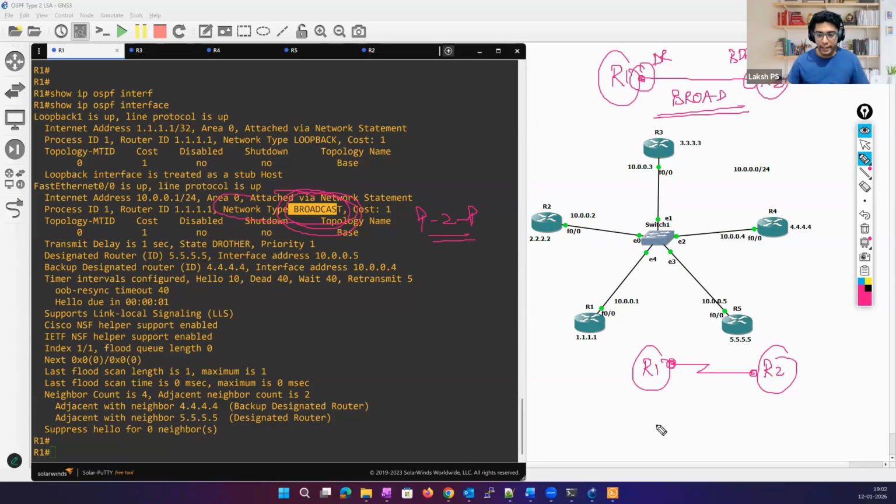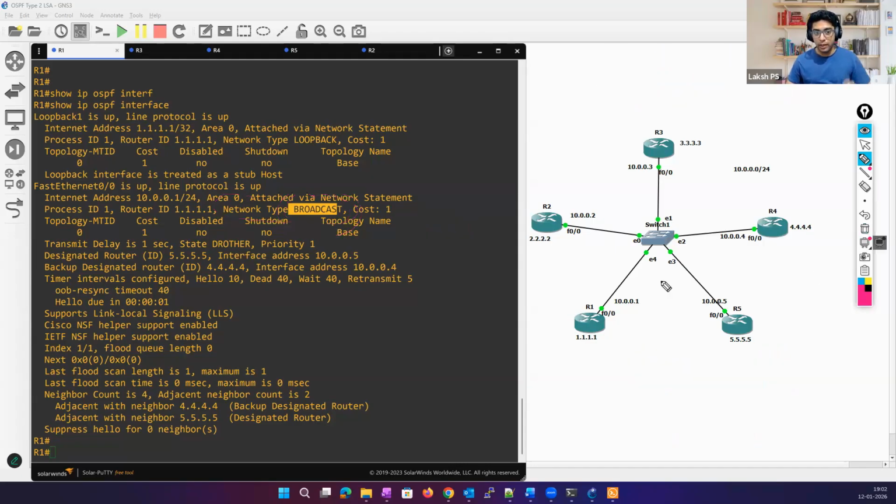So if you connect R1 and R2 using an Ethernet link, it will consider it a broadcast interface and it will elect DR and BDR between R1 and R2. This is what I was trying to explain, the network type as broadcast.